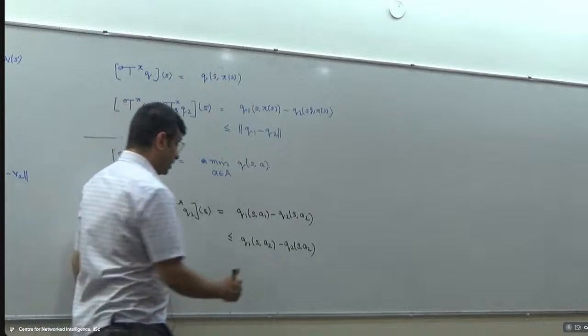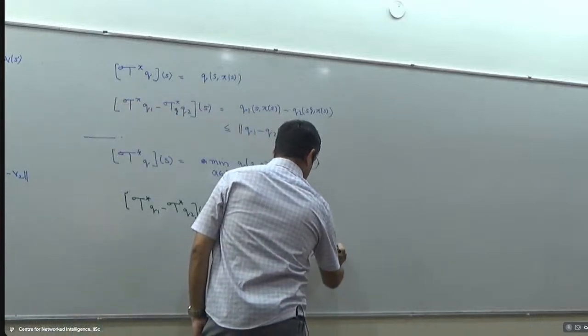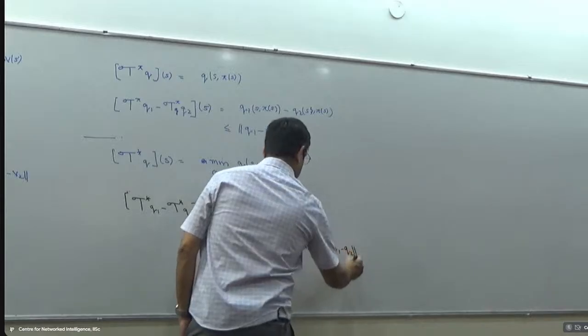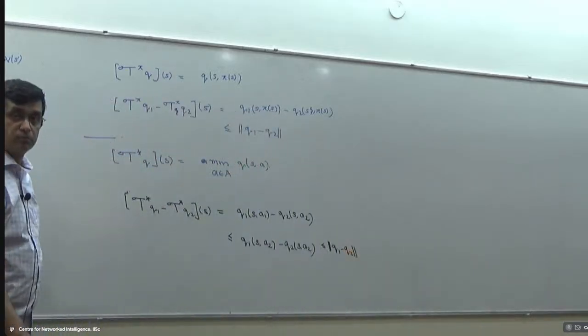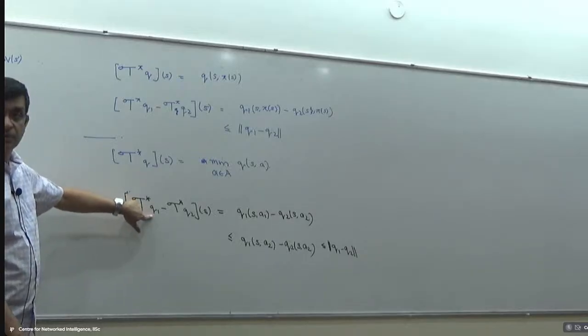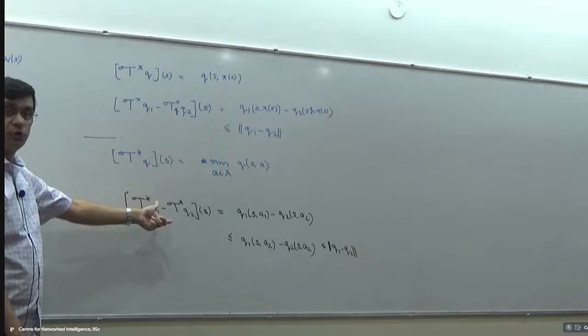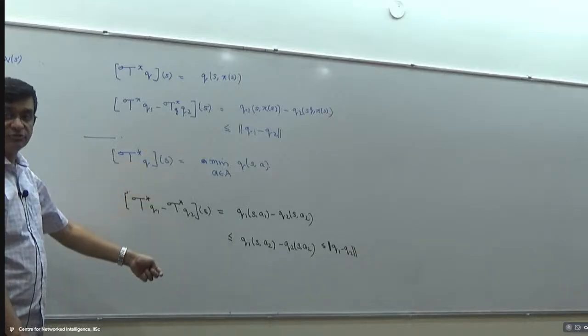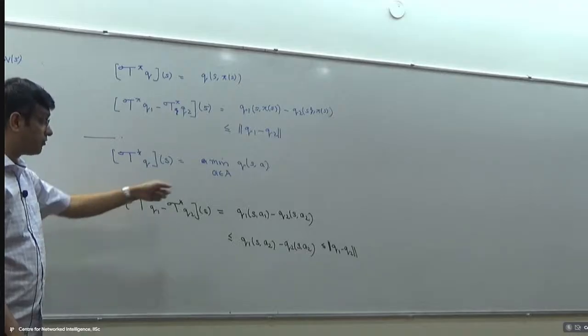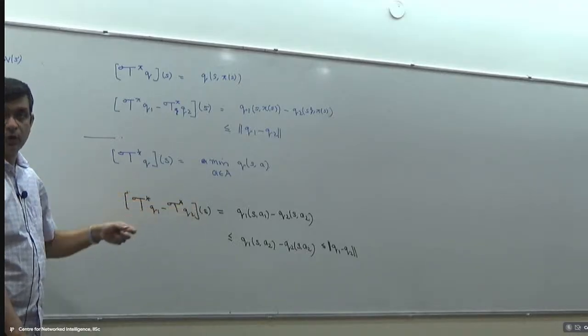And this will be less than or equal to the sup norm between Q1 and Q2. This gives me a one directional bound. If I flip the roles of Q1 and Q2 and apply the same argument, that will give me the other bound. So I can then show that the norm of this is less than or equal to the norm between Q1 and Q2.